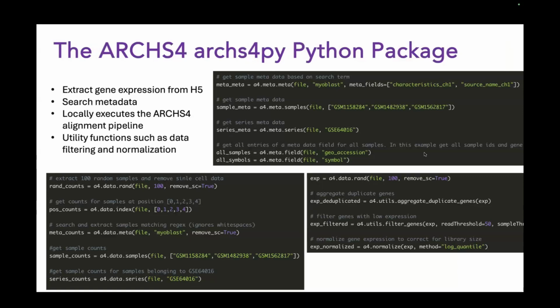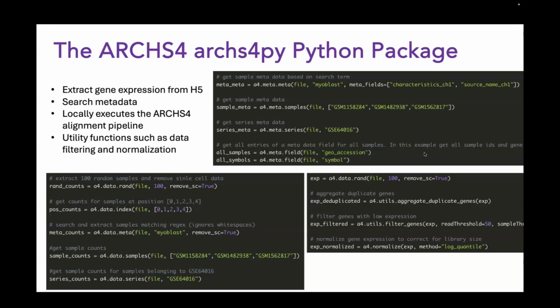Okay. As a brief overview, we have the ARCHS4 Python package. As I mentioned before, there will also be an R package. I'm just finalizing some more things, but it will have very similar functionality and very similar syntax. It allows you to extract gene expression and do the metadata search.